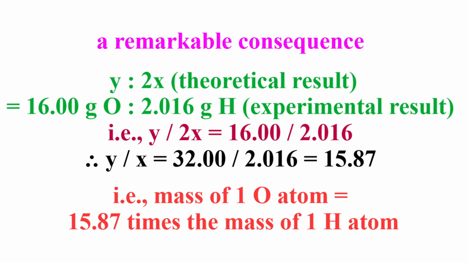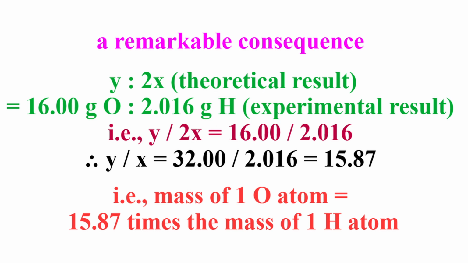There is a remarkable consequence of the above deductive logic. The theoretical ratio of combining masses of oxygen and hydrogen equal to y gram to 2x gram at the microscopic level must obviously be equal to any experimental ratio at the macroscopic level.